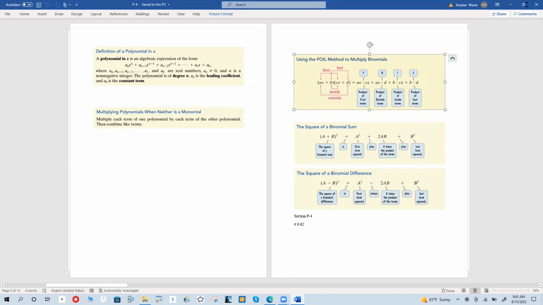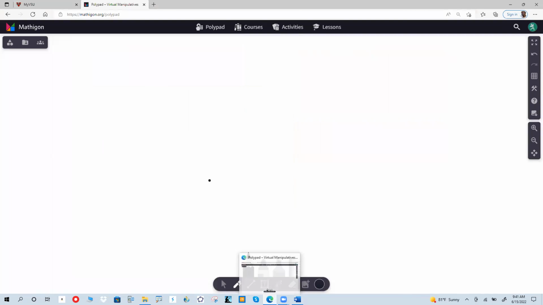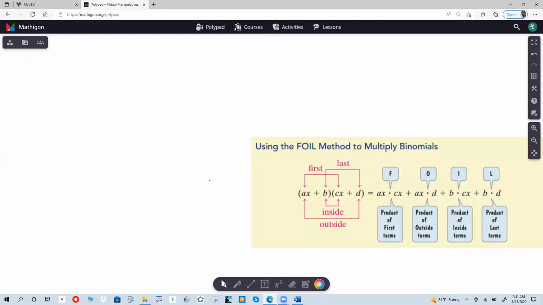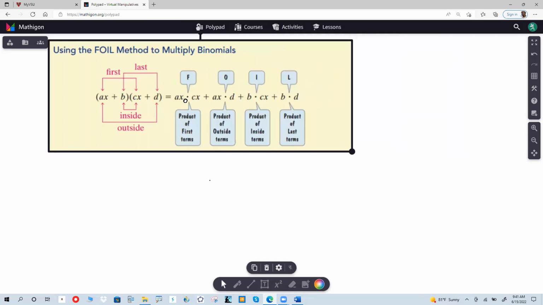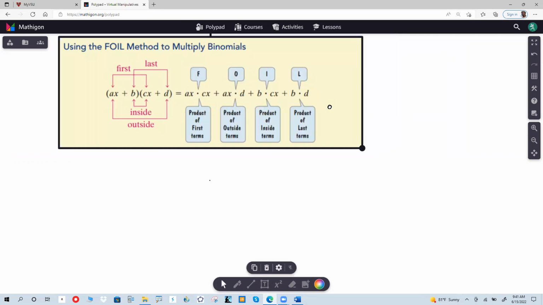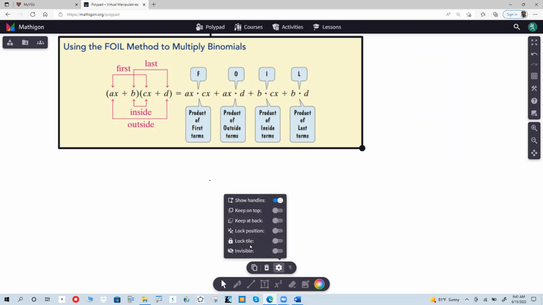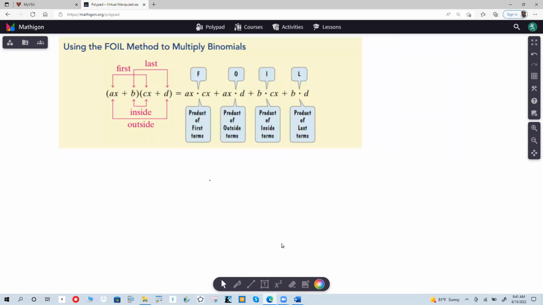The book does things with A, B, and so on, which is totally fine, but I like to do it with numbers so that you can see an example. I know I haven't done P3 yet, but don't worry, I'll do them. Here they're basically showing us how to use FOIL in a very specific context.